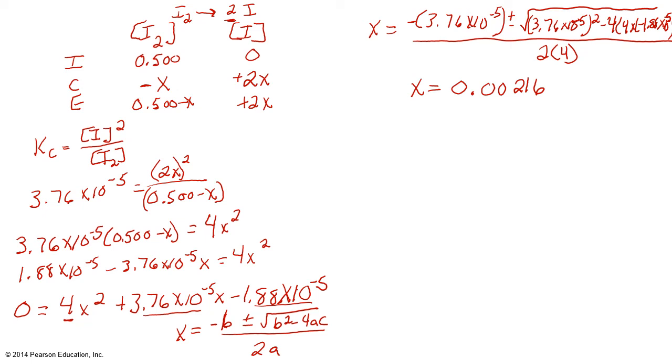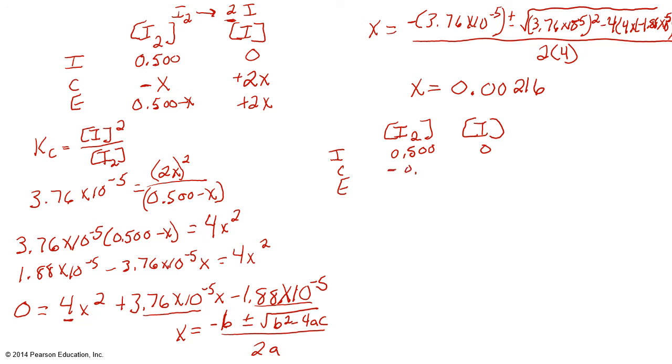Okay. So now we can figure out what those changes are. So x is going to be 0.00216. So if we look at our ICE table again, 0.5 is what we started with and 0.